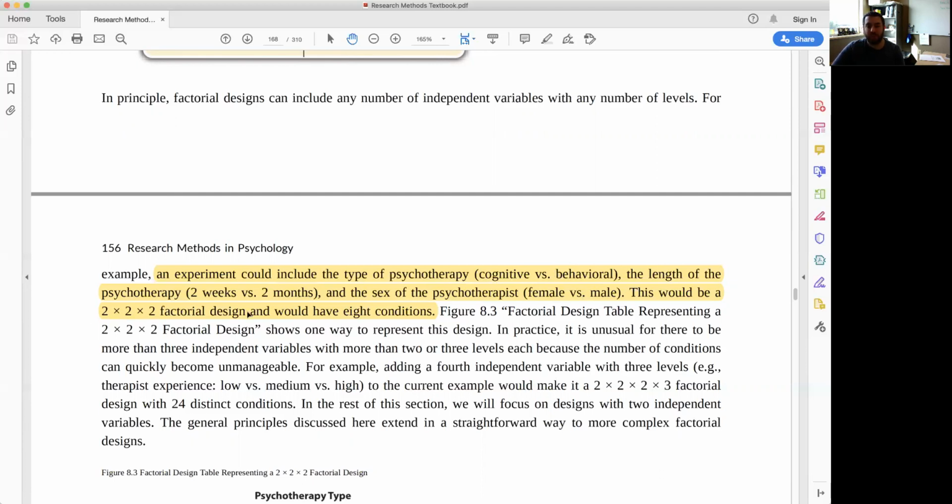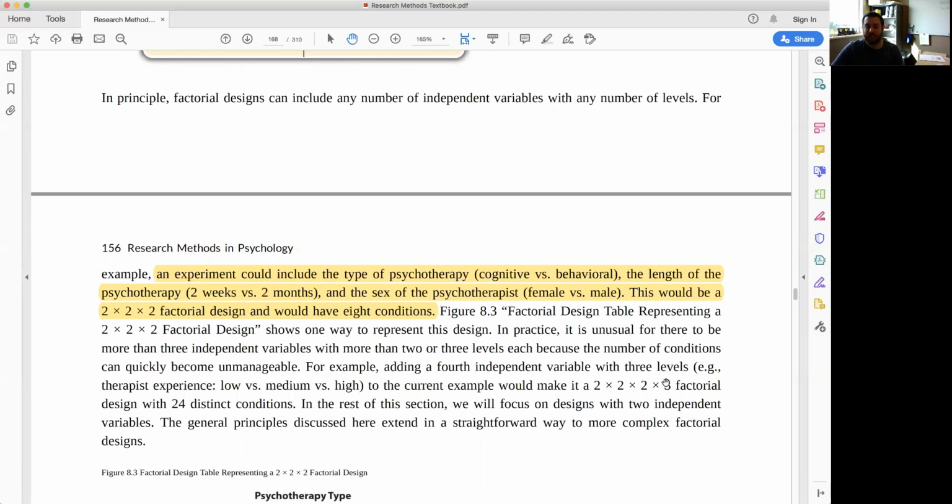So again, it can grow very quickly, which means that you want to have very thought out factors that you are looking at, and very thought out levels of the factors as well. Because once you get into something like this down here, 2 by 2 by 2 by 3, it gets very overwhelming to try to analyze.